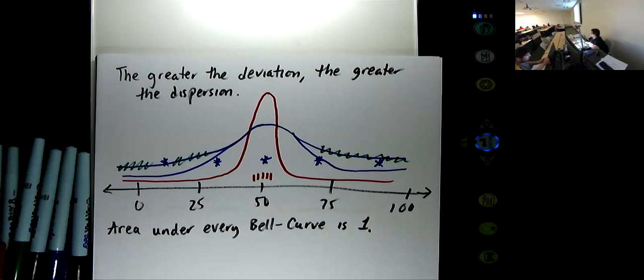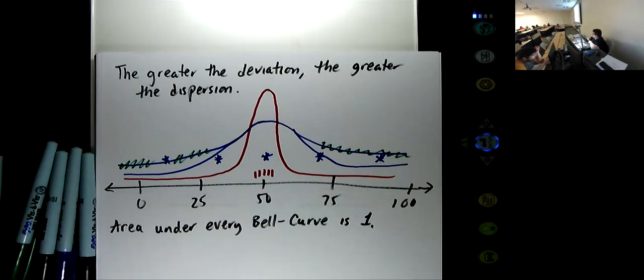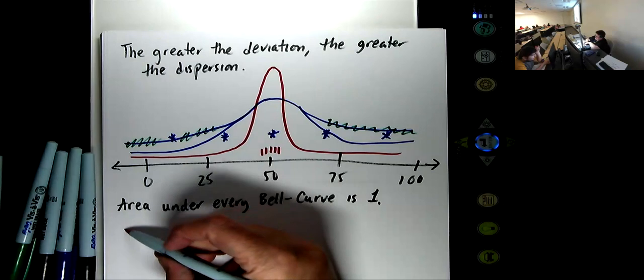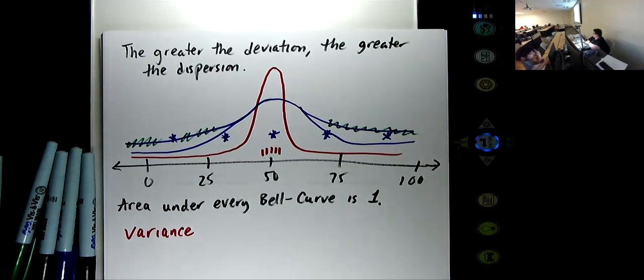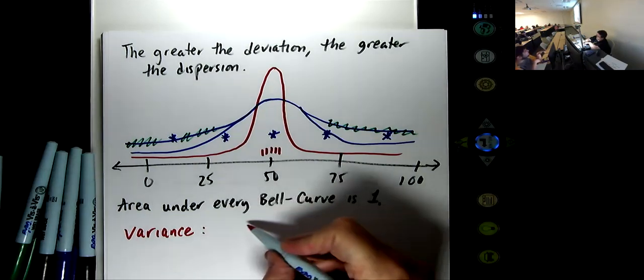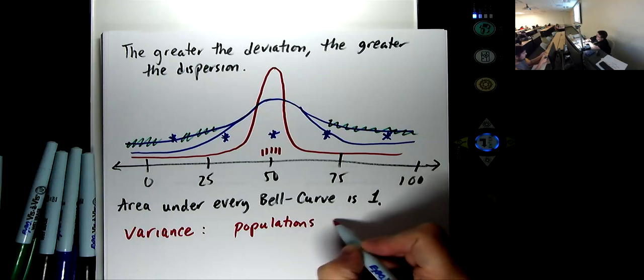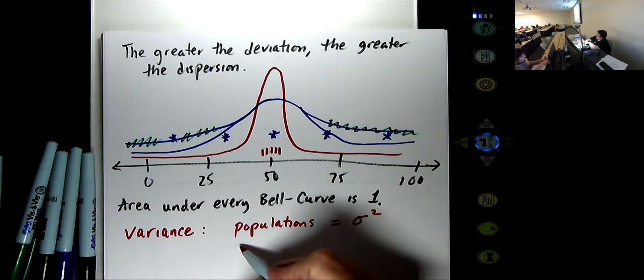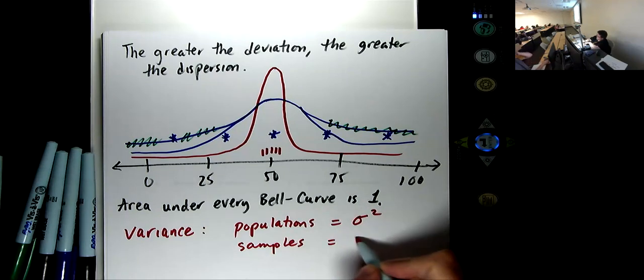Are we having fun yet? There's another one in this category. It's called variance. Variance has got the hardest formula ever to remember. It's so hard. For populations, it's sigma squared. And for samples, it's S squared.